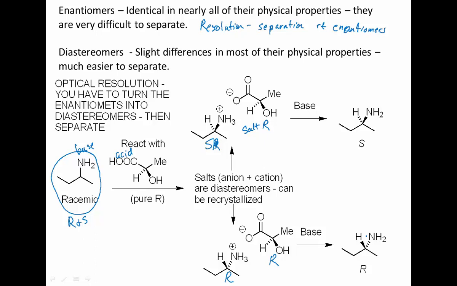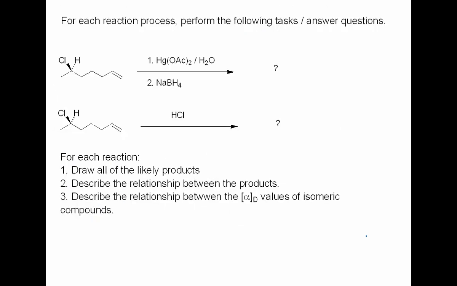Okay, we're going to end this video with a few more problems. All right, so let's look at this one. For each reaction process, perform the following tasks. We're going to do these one at a time. We're going to draw all of the likely products, describe the relationship between the products, and describe the relationship between the specific rotations of any isomeric compounds.